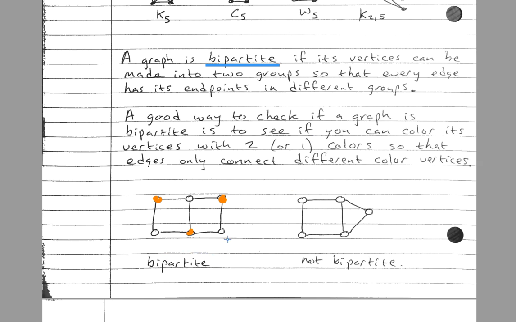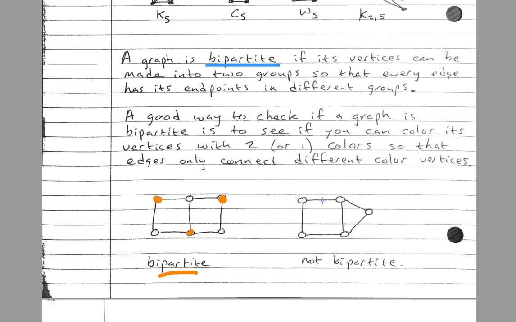Okay, so we were successful here. So we colored the vertices orange and white, and every edge is connecting 2 vertices of different colors. Okay, so that tells us that this graph is bipartite.